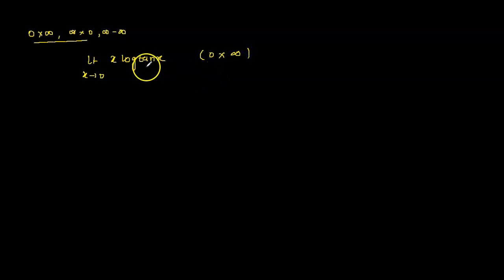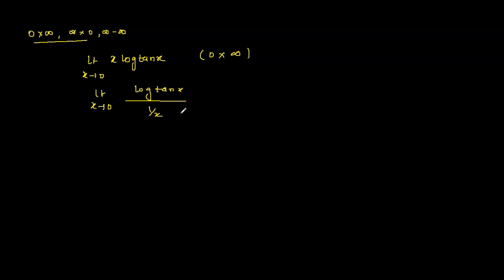So 0 into infinity. You have to convert it into the form of 0 by 0 or infinity by infinity. This log tan x you cannot do anything with, but this x you can bring down, because I want something in the numerator and denominator. So write log of tan of x as it is, and x becomes 1 by x.